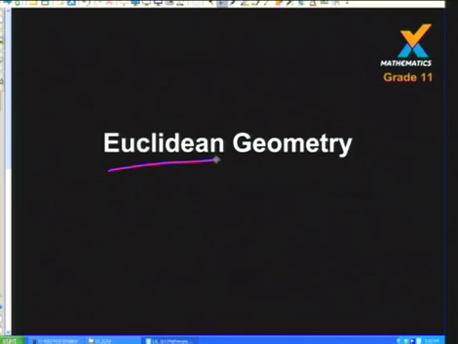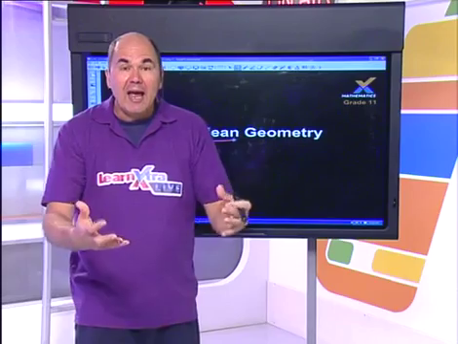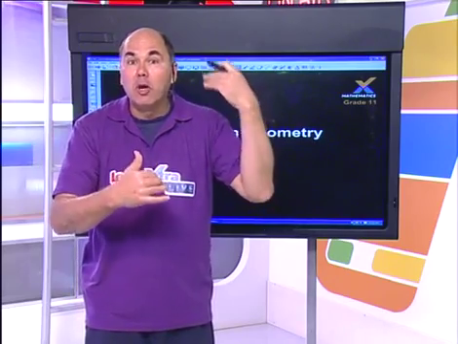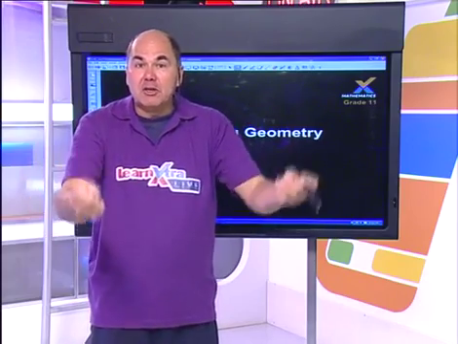It's named after a man called Euclid, and he did a whole lot of geometry without measuring. It was all about thinking and proving and deducing what the right answers were. He started off by making some assumptions, and then he built on those assumptions and didn't bother to measure, but just reasoned things out. That's what Euclidean geometry is about.